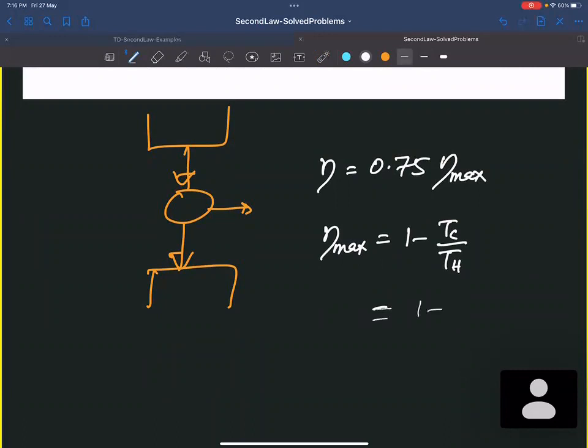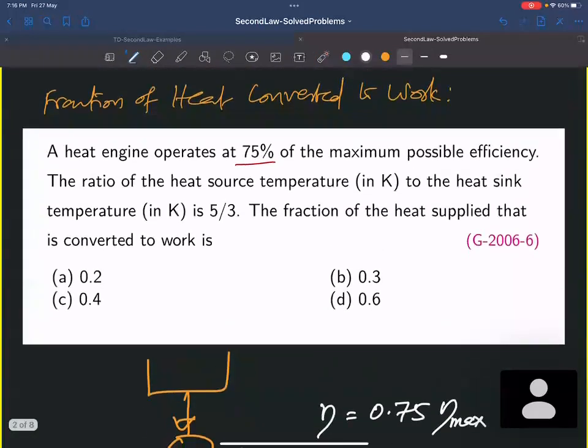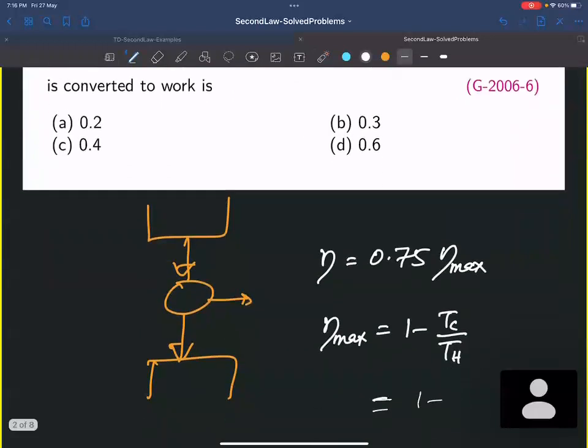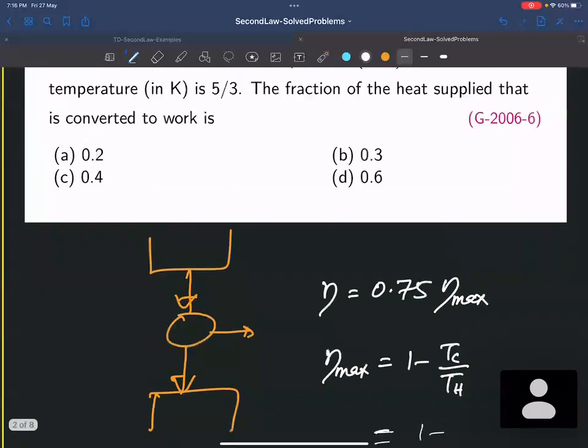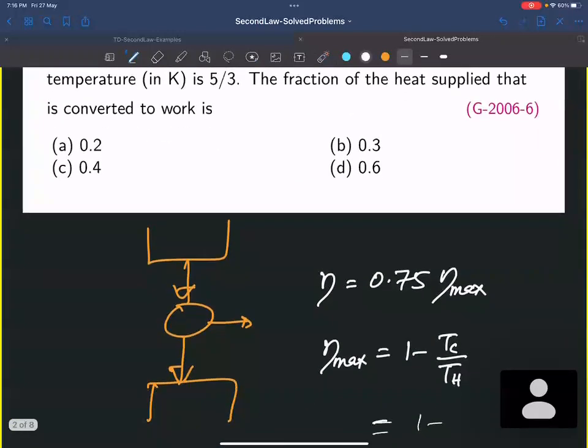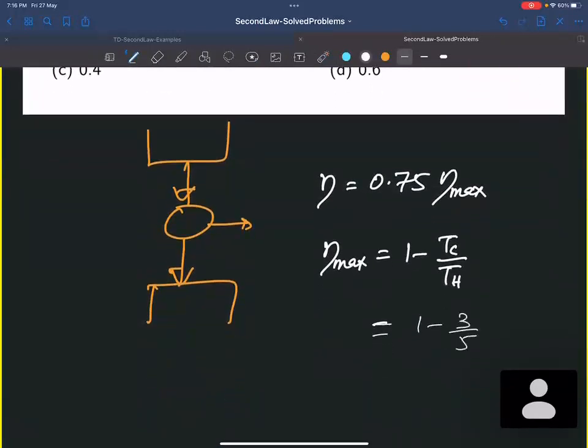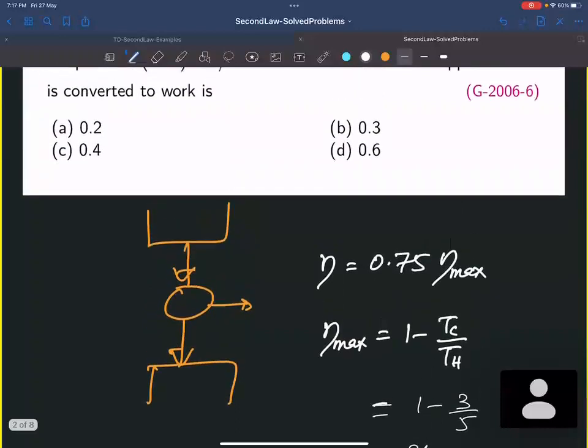Th by Tc is 5 by 3, otherwise Tc by Th is simply 3 by 5. So 1 minus 3 by 5 is equal to 2 by 5. And maximum efficiency is 2 by 5.